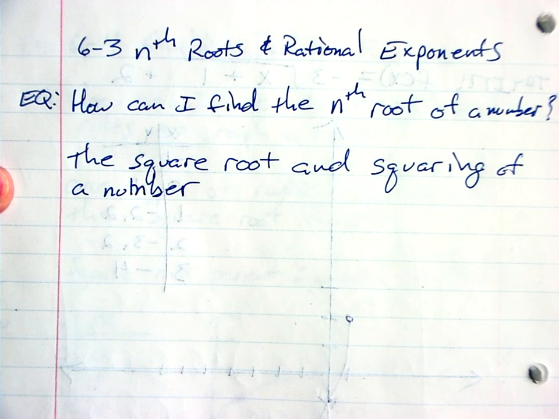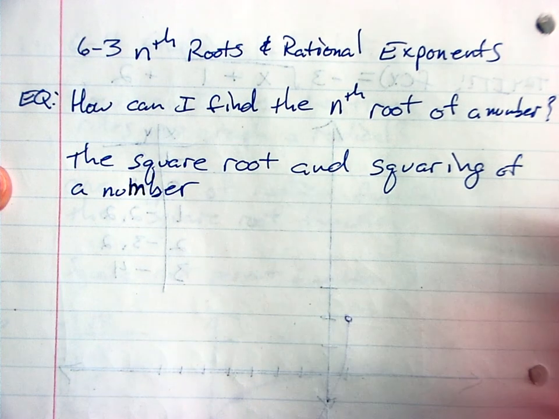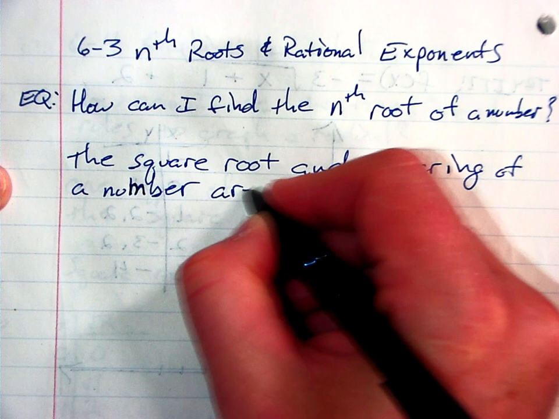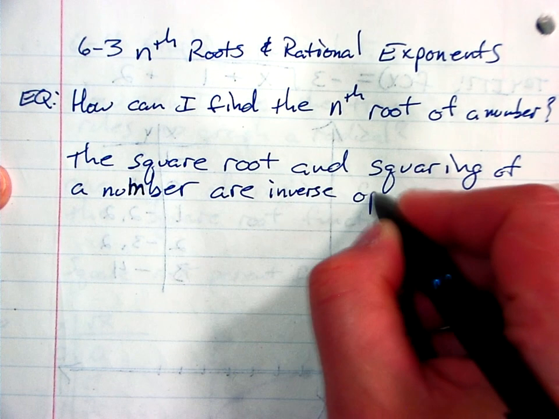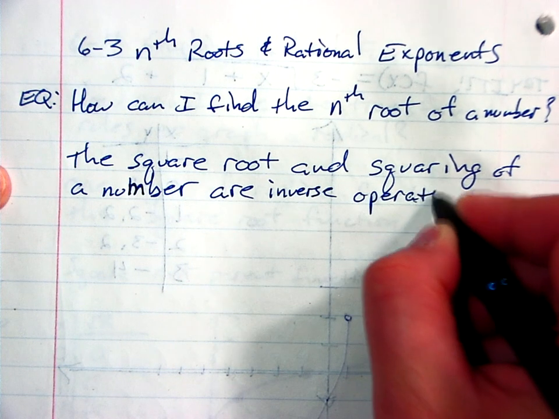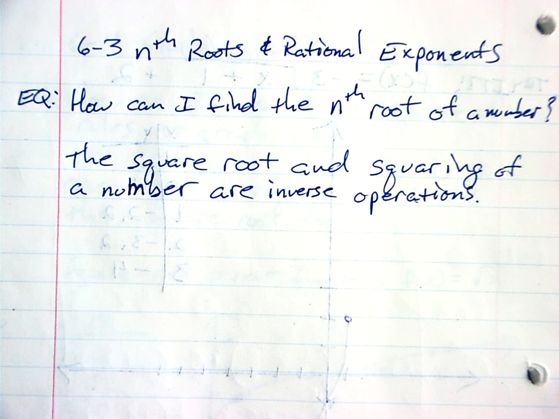So it could be the third root, the fourth root, the fifth root, the sixth root. We don't know. It's just a number. All right, the square root and squaring of a number are inverse operations. So the squaring of a number and the square root are inverse operations.